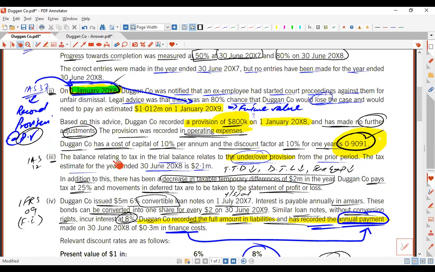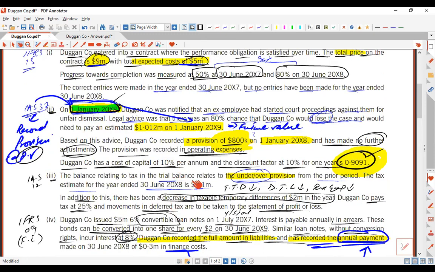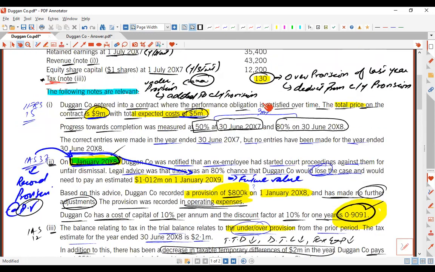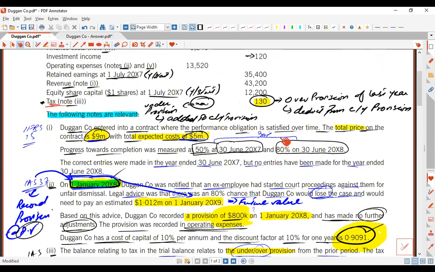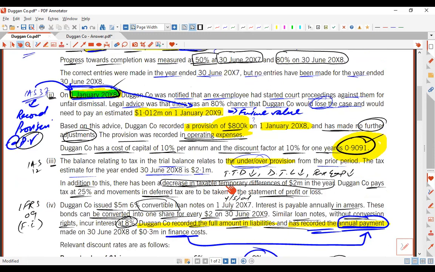So what next is there? There is current year estimation, and there is an over provision, as well as a decrease in taxable temporary difference, which would be decreasing tax expense. So I'm okay. Please read it again. The balance relating to tax in the trial balance relates to under or over provision from the prior period.